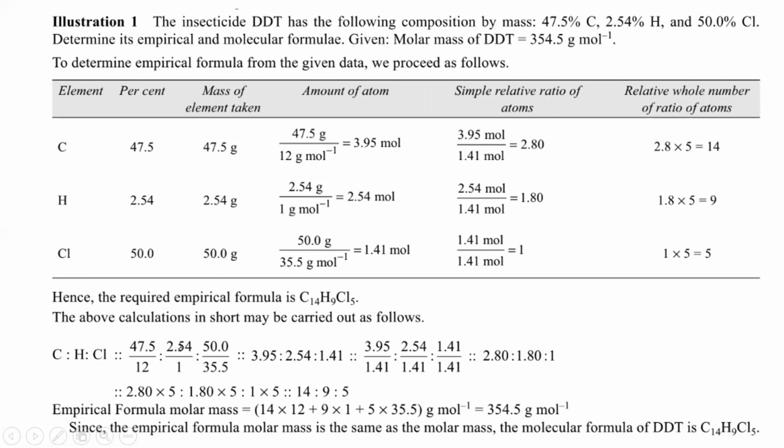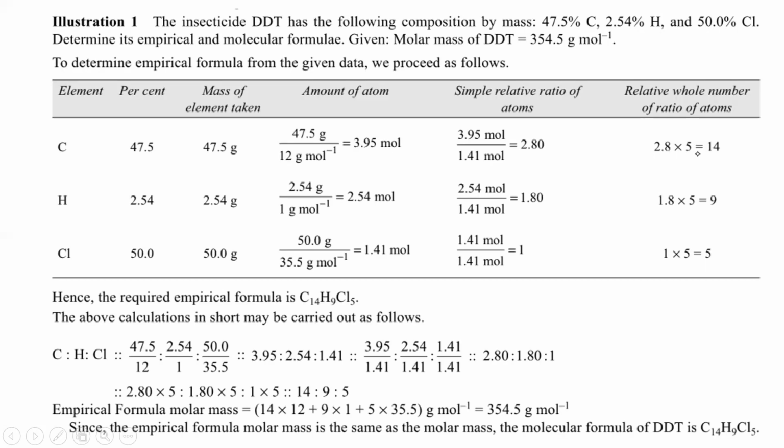So divide the remaining by 1.41. That is 3.95 by 1.41, 2.54 by 1.41 and 1.41 by 1.41. So you get 2.8, 1.8, 1. As we didn't get whole numbers, we have to multiply with a suitable number so that we get whole numbers.